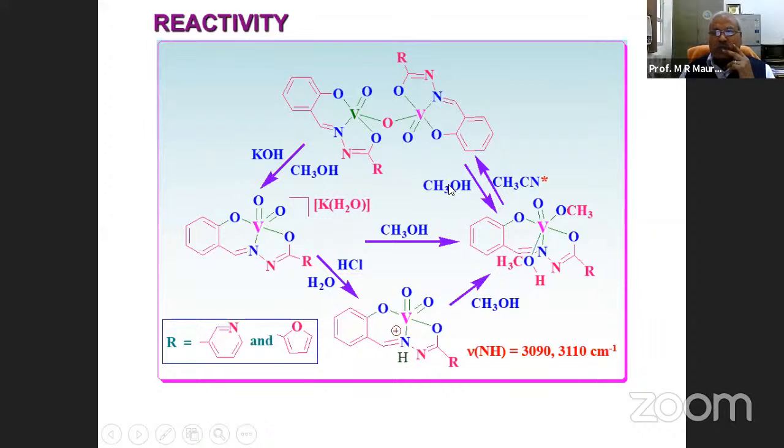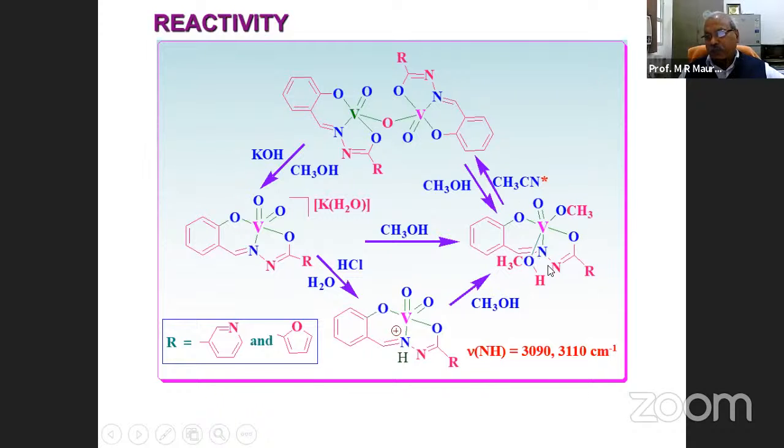If you keep it in methanol for a month, slowly it converts into this oxomethoxo. While this dioxo potassium salt can go to the methoxo within a week. However, this one, if you dissolve in methanol, goes to the methoxo species within 24 to 48 hours.